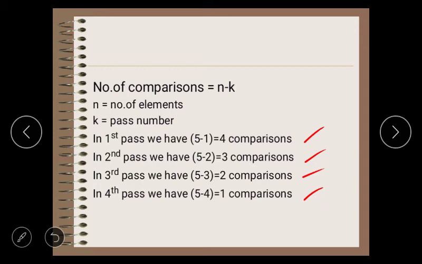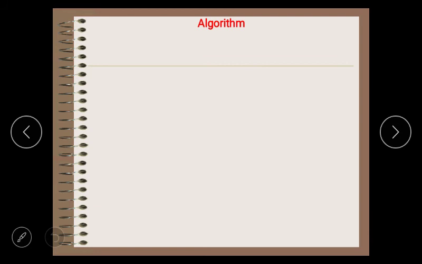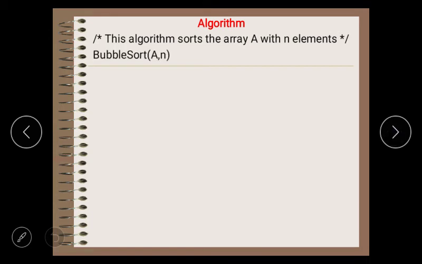So let's see this bubble sort with an algorithm. This algorithm sorts the array A with n elements. So take the bubble sort with array name and n number of elements and begin the algorithm.